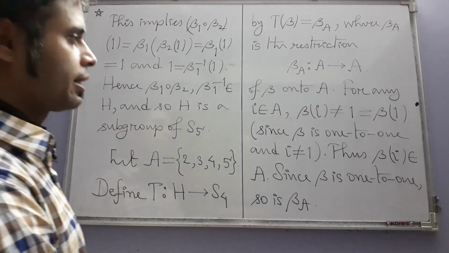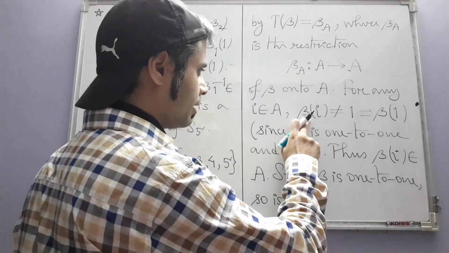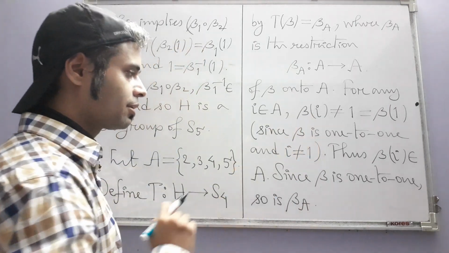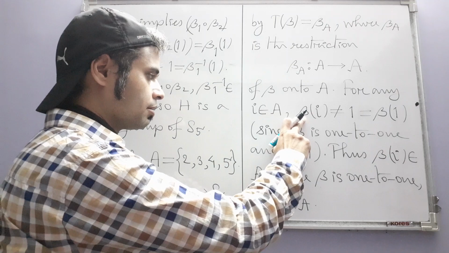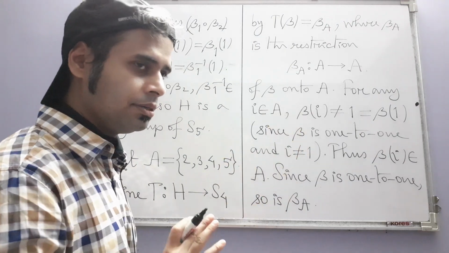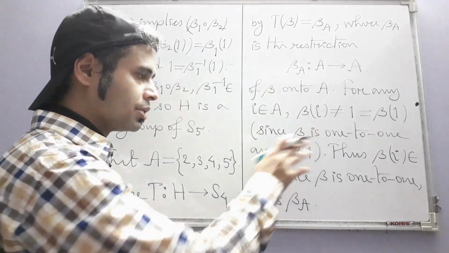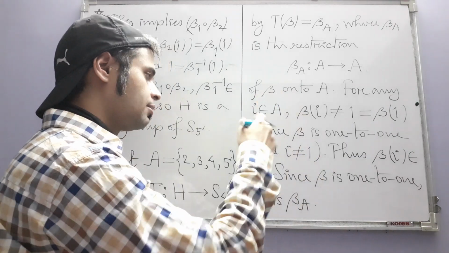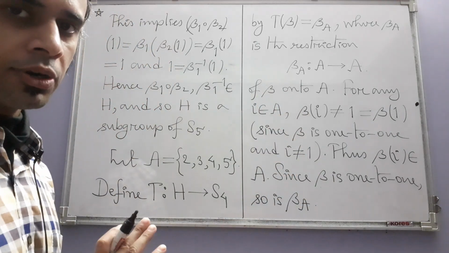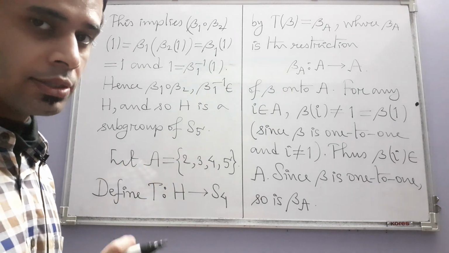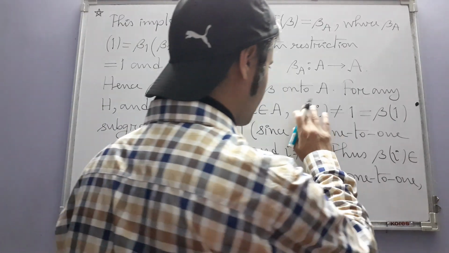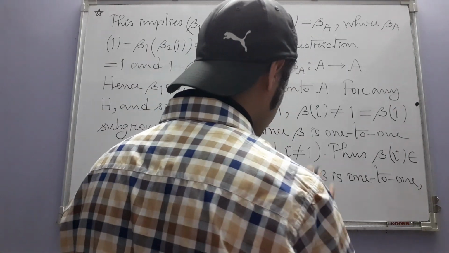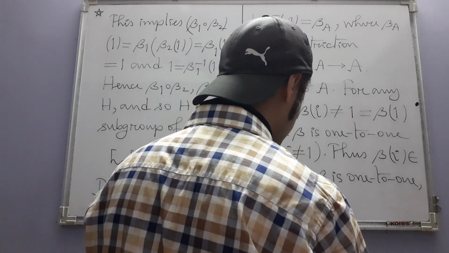You do understand that I am writing beta here, but I can also write beta A here, because by the definition of restriction, the image of any point in that subset on which you are considering the restriction, under that restriction, is nothing but the actual image of that point under the original function. That is the definition of restriction. The formula does not change, only the domain changes. So is beta of A. Okay.